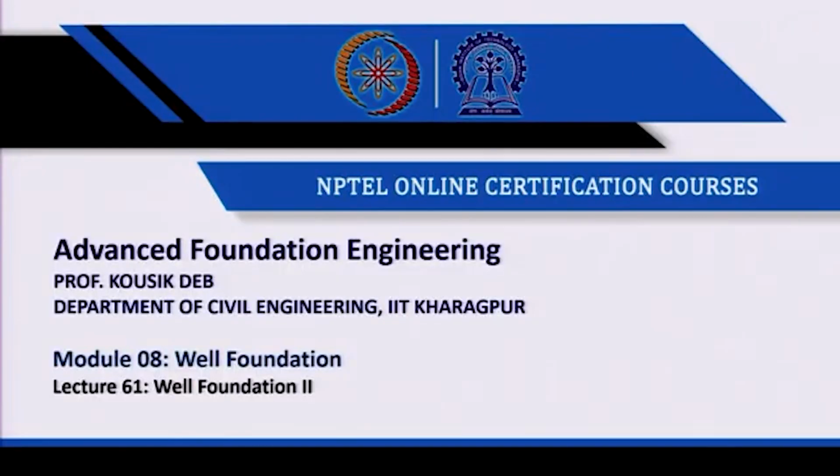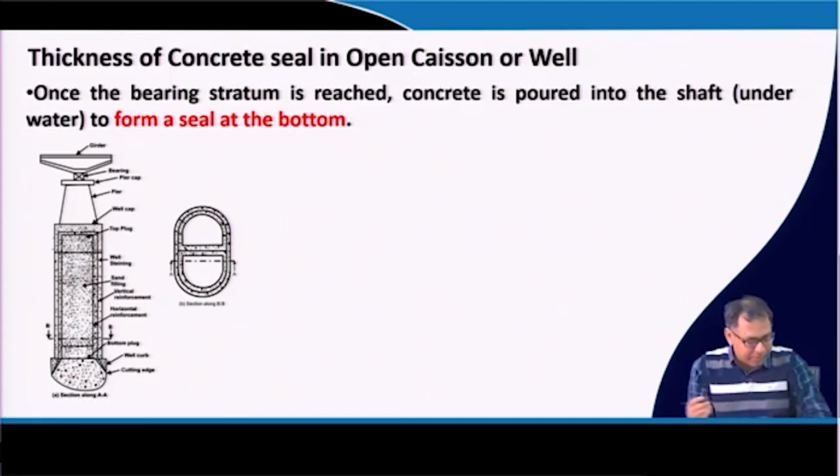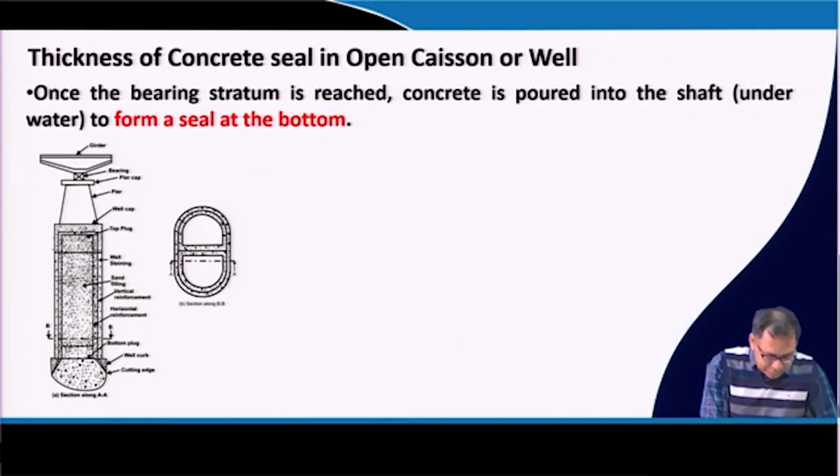Now, today I will discuss how we can determine the thickness of the concrete seal in open caisson or well. As I have already discussed, when the bearing strata is reached for open caisson, concrete is poured inside the shaft under water to seal the bottom.